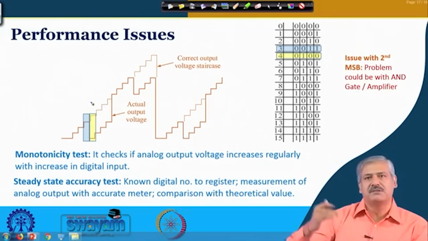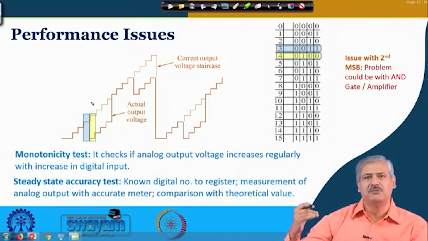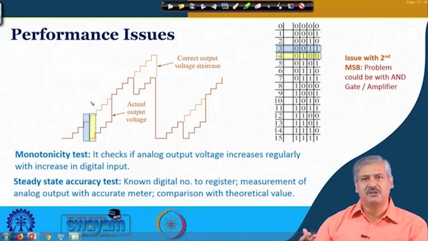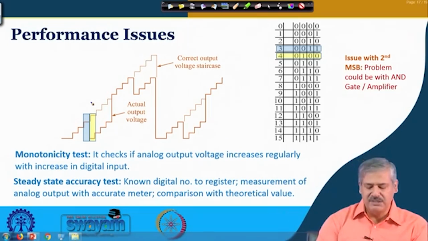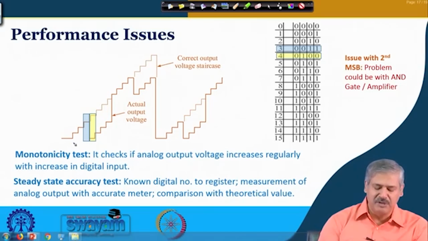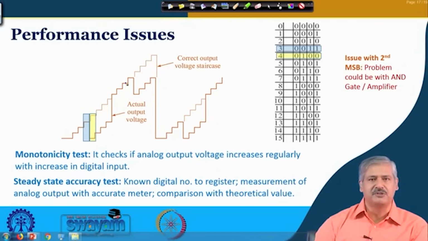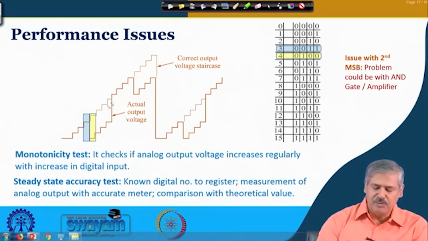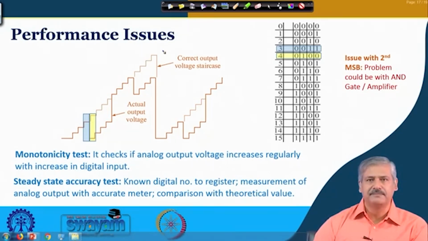These steps are, say, 1 volt, 2 volt, 3 volt, if a 1 volt resolution is there. Or if a 1 millivolt resolution is there, 1 millivolt, 2 millivolt, 3 millivolt and so on and so forth, depending on your digital input. If your digital input is increased in a continuous manner, one value at a time incremented, then the output should increase in this manner. Is it okay?